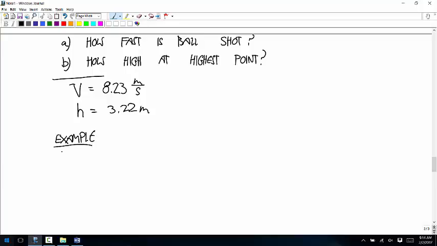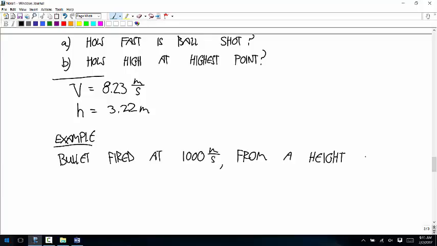So let's do one and just see how sensitive that is to how horizontal the gun is. Okay, so let's say a bullet is fired at 1,000 meters per second from a height of 1 meter.